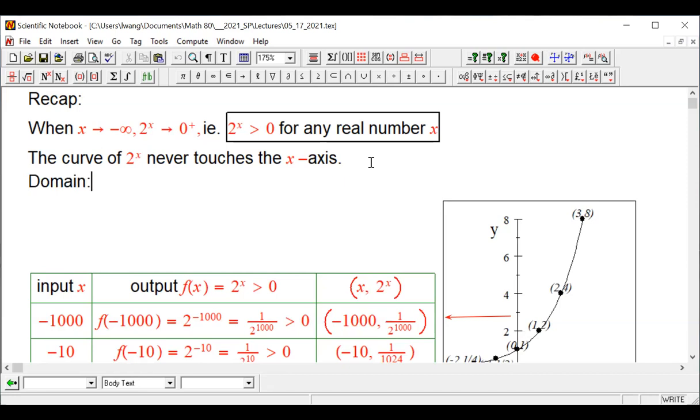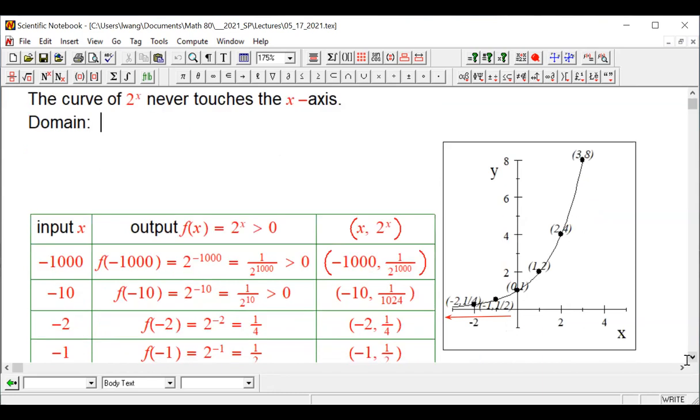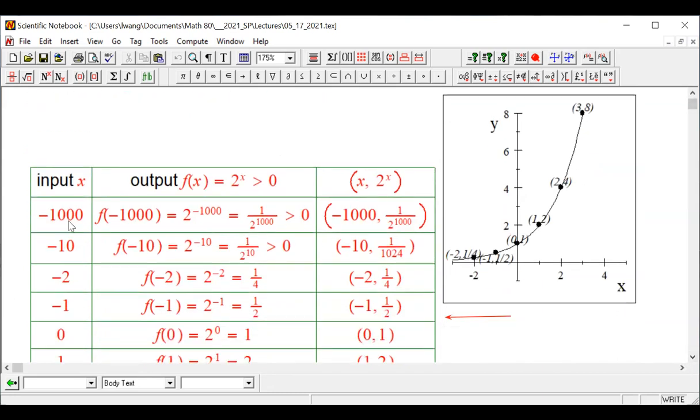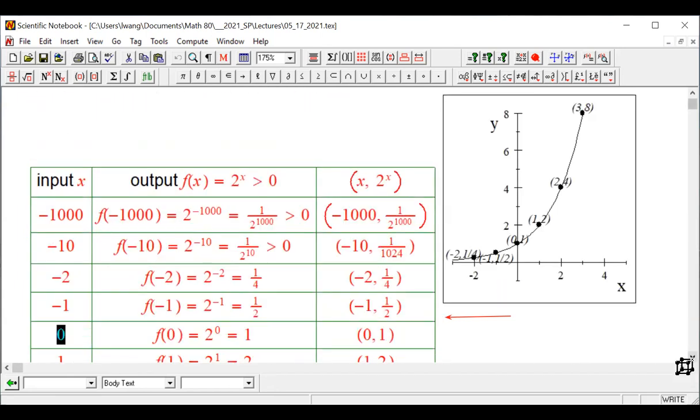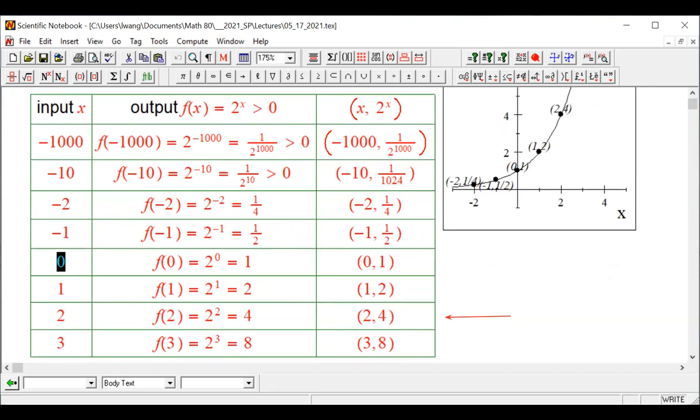The domain for 2 to the power of x is all real numbers, right? Because from the table, you can see that the input can be a negative number, can be 0, can be positive numbers. Could it be fractions, decimals in between? Of course.